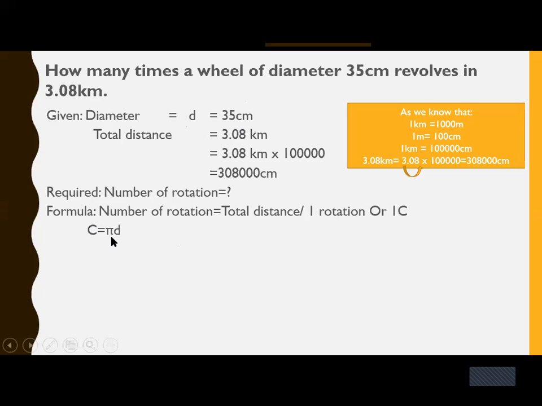First we have to find the circumference. So pi 22 over 7 multiplied by 35. 7 ones are 7, 7 fives are 35. When we multiply 5 with 22, we get 110 centimeter.